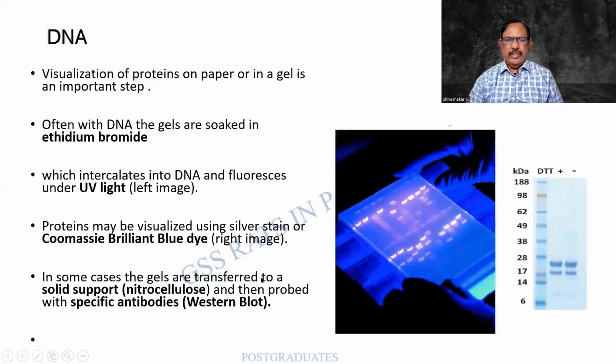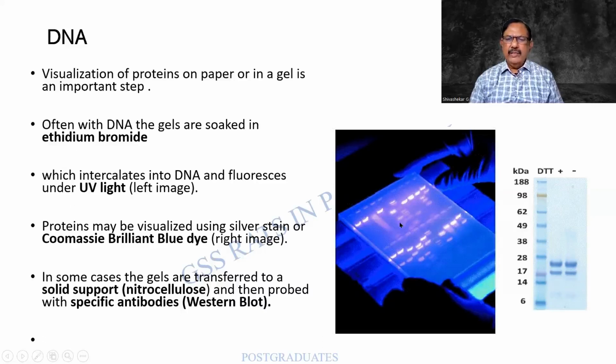DNA electrophoresis. In this one, there are two components. One is fluorescence under UV light, and the second one is a stain component. So it is the visualization of the proteins in a paper or gel. Here I think it's a gel. The gels are soaked with ethidium bromide and subjected to ultraviolet light.